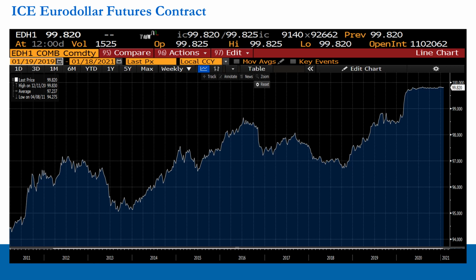So $1 million deposited in a bank account outside the United States, and a futures contract written on that for the value of the $1 million, marked at the interest rate at the end of the 3 months. It's one of the most liquid instruments traded on the planet, and therefore extremely important.